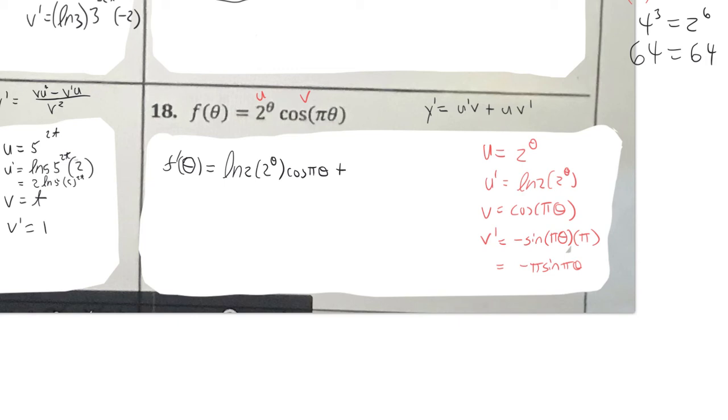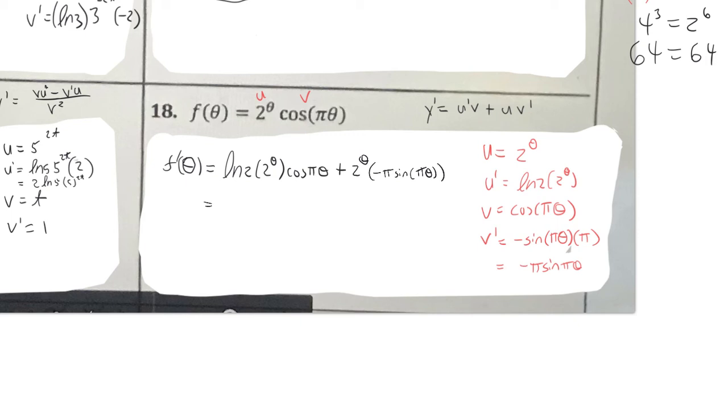Now u is 2 raised to the theta power, and v prime is negative pi sine of pi theta. All right, cool.